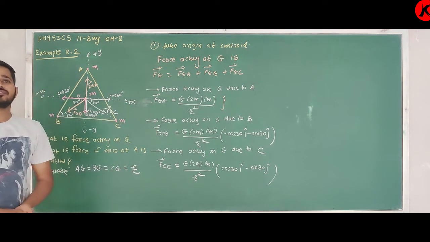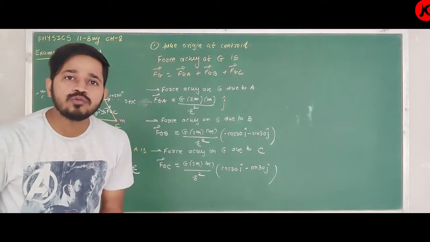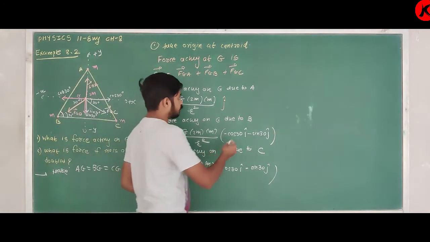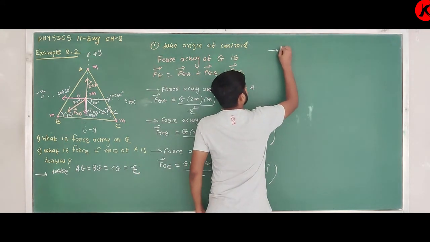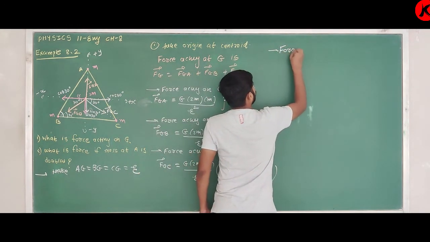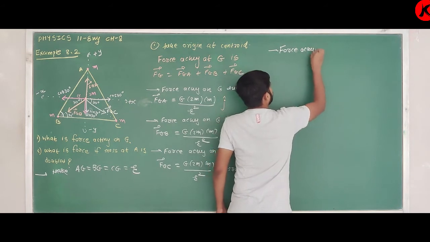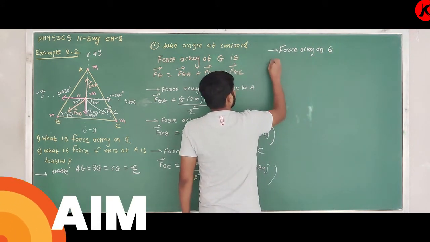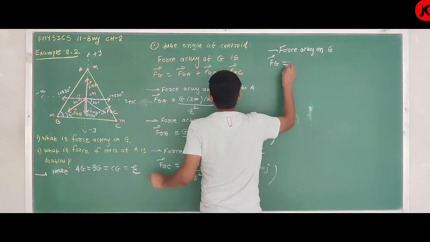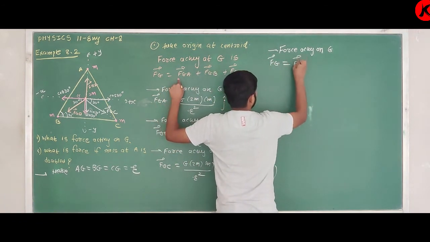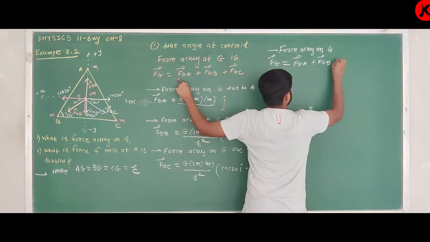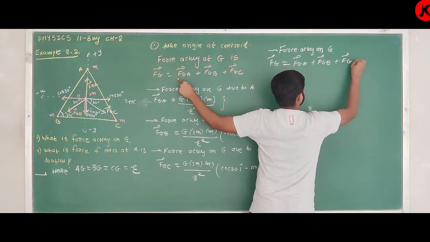Now how to find the resultant force? See how to find the resultant force. Force acting on G, FG. Yes, we know the equation: it is FGA plus FGB plus FGC.